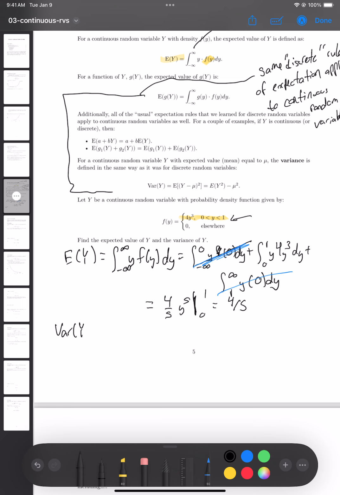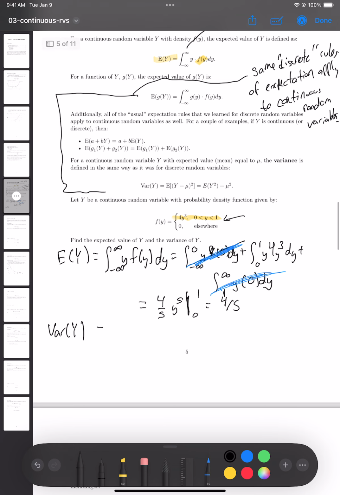We can do a similar thing to figure out the variance, and I'll go through it more quickly and skip over the crossing out part like I did here. Usually you don't have to write that out. We were just being explicit because it's our very first one. The variance of y is still going to be equal to the little shortcut formula that we used for discrete random variables. So we first figure out the expected value of y squared.